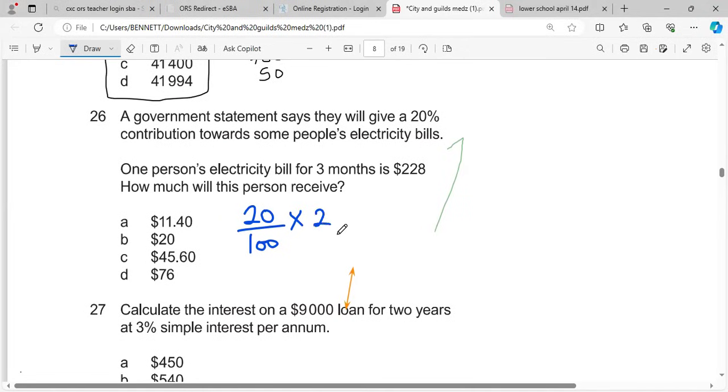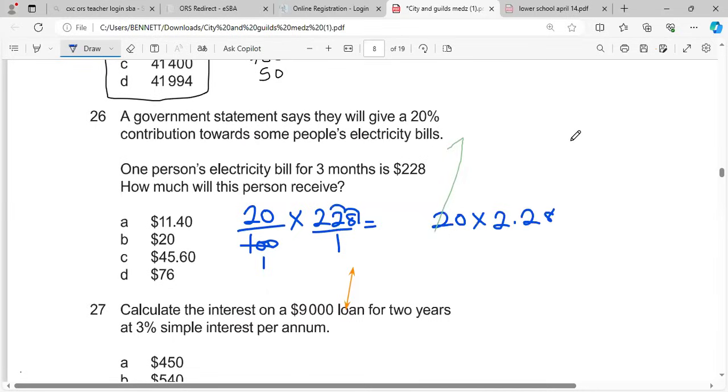Some persons did this yesterday, but some persons did not. So we could just look at it. We could divide by 100. When dividing by 100, we just move the decimal place to our left 2 times. So the decimal place is here. So we just say 1, 2. So that becomes 20 times 2.28.